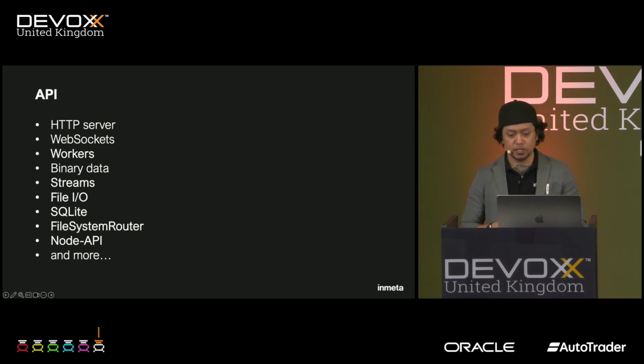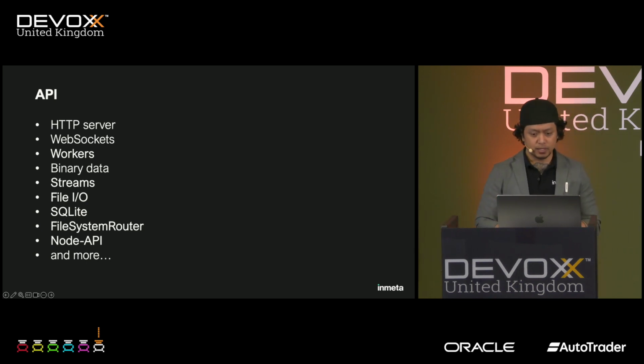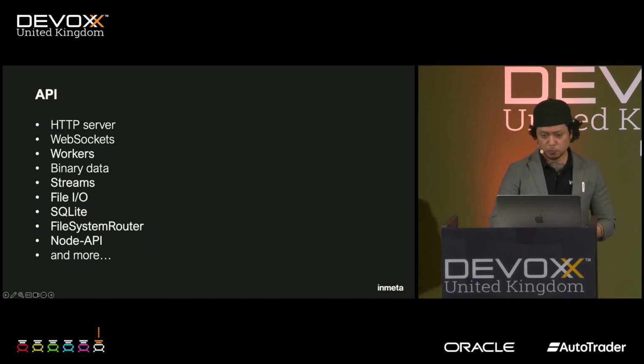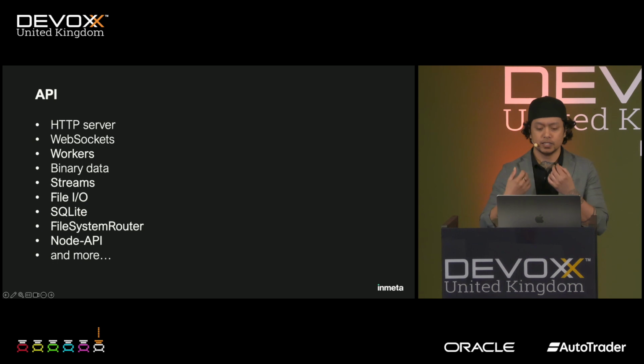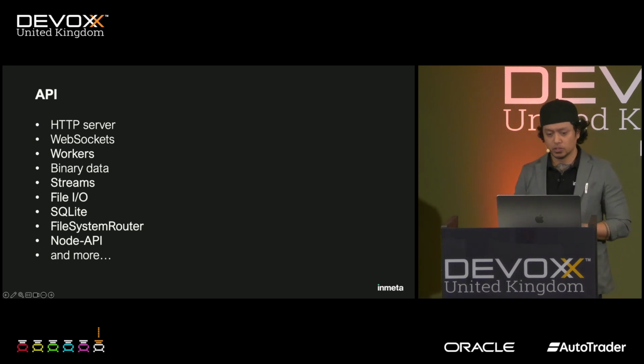Bun also implements a high performant SQLite driver, file system router for solving routes against file system paths, and Node API. It's an interface for building native add-ons. So it implements 95% of interfaces in Node.js. Those are the common ones, but there's still a lot to complete.